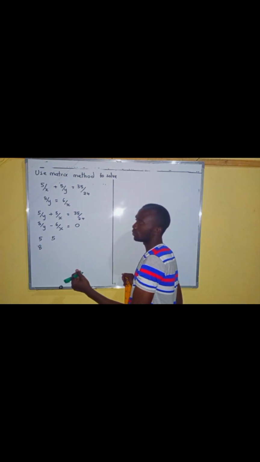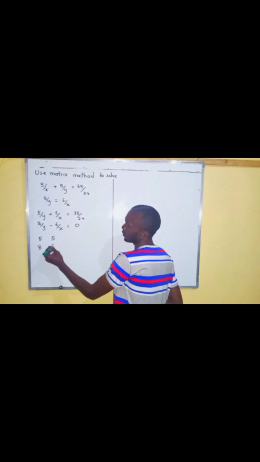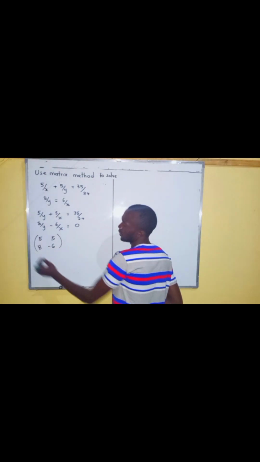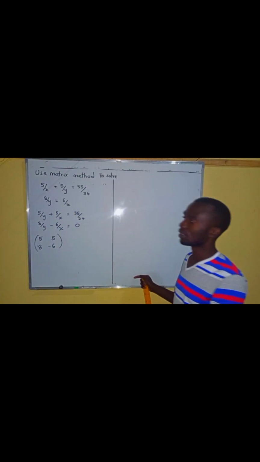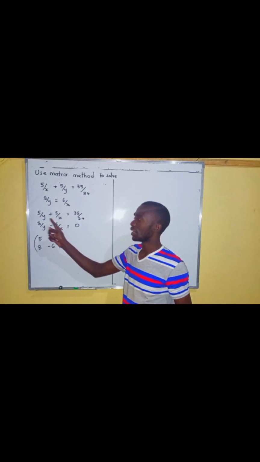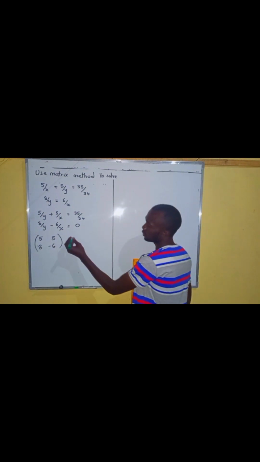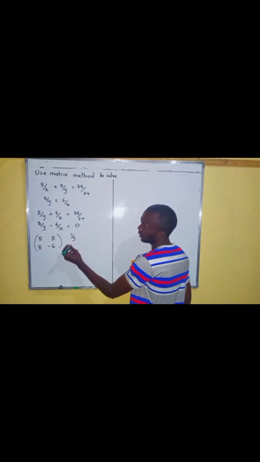Then the coefficient of 1 over x is negative 6. Then we have 1 over y and 1 over x.